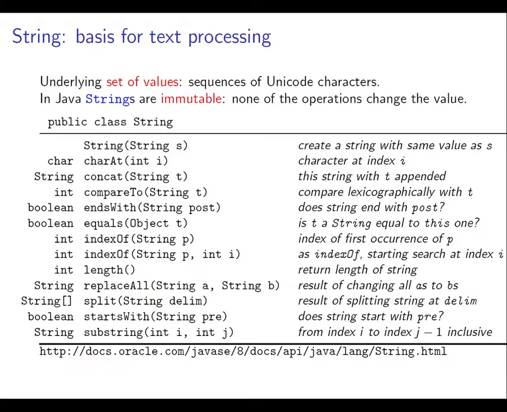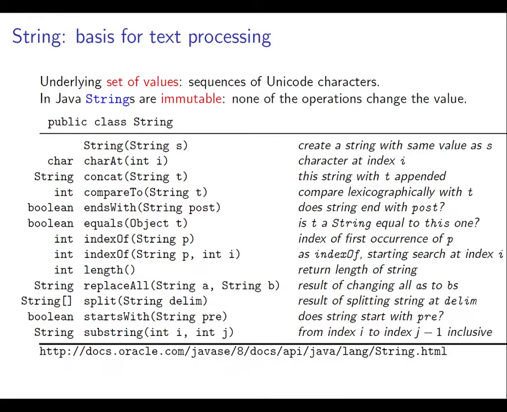So you might expect that the result of sending the concat message to that string s would be to change the value of string s so that it was its previous value with t appended. However, because strings are immutable in Java, that's not actually what happens.